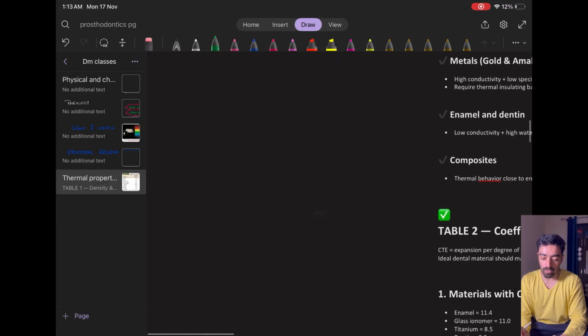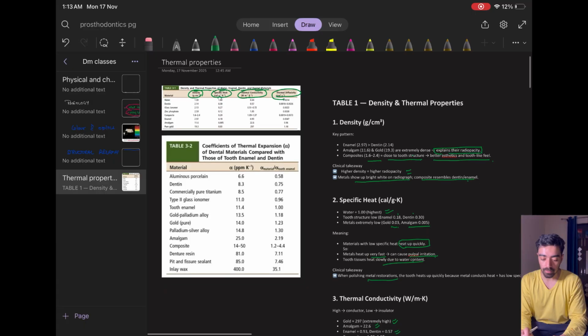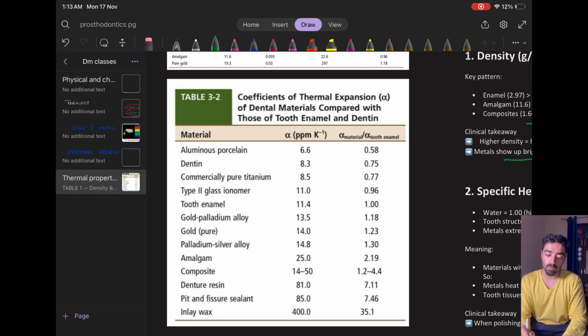Now coming on to table 2, or the second table. Second table is talking about coefficient of thermal expansion of dental materials compared with those of tooth enamel and dentine. We are having this coefficient of thermal expansion, and then we are plotting a graph, or we are just dividing the coefficient of thermal expansion of the material and the tooth enamel. Different materials have been taken.